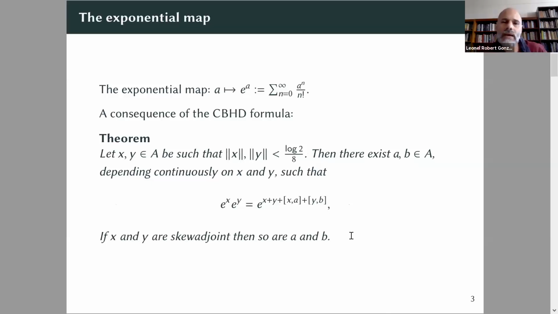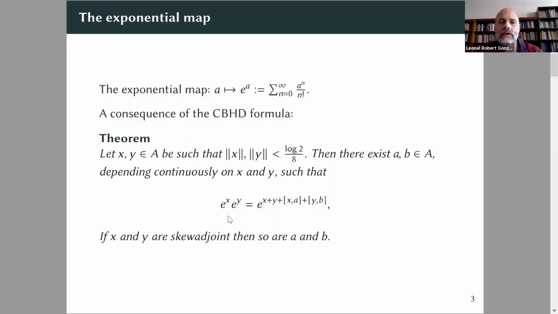Okay, right. So let's talk a little bit about the exponential map, which I already mentioned. I just want to recall briefly this consequence of the Campbell-Baker-Hausdorff-Dynkin formula. So here, A could be a Banach algebra. What this theorem is saying is that if I multiply exponentials whose norms are small enough, then again I can express that as a single exponential.